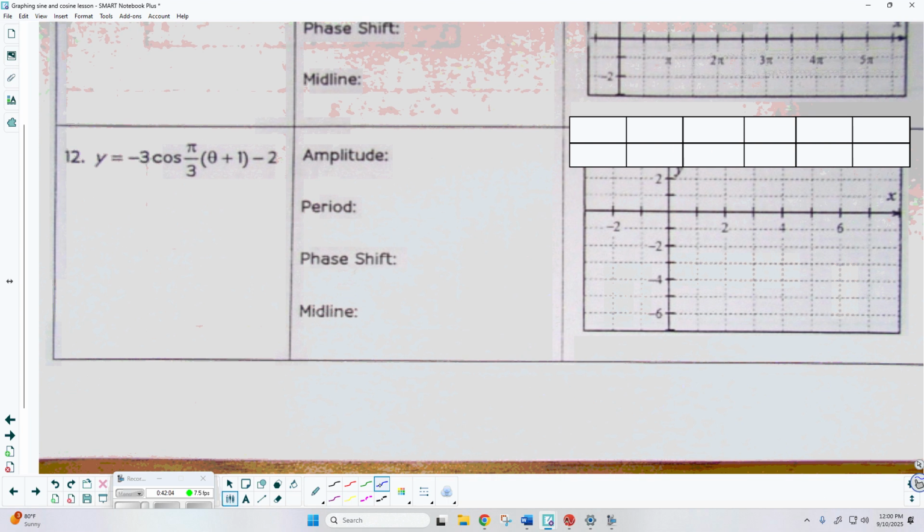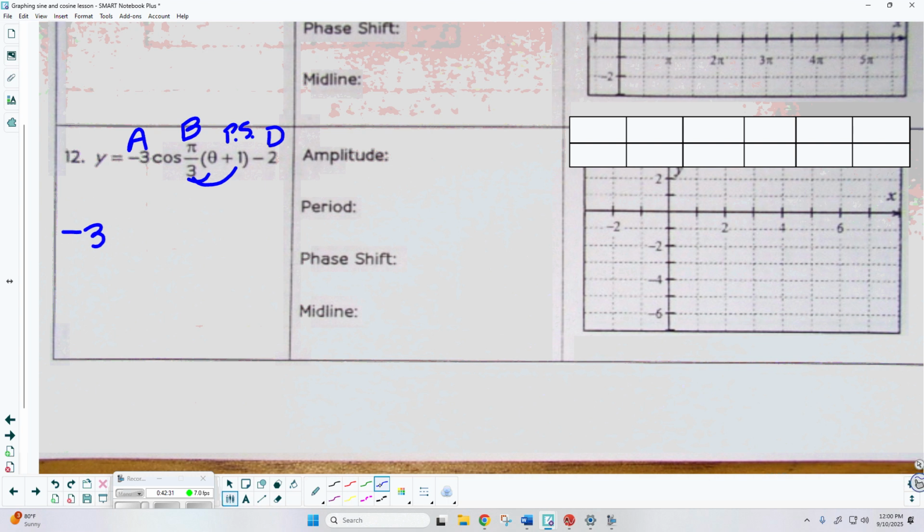Okay, so negative 3 cosine of pi over 3 times theta plus 1 minus 2. Okay, so I've got an A, I got a B, I've got a D. That 1, is that my phase shift or is that C? That's my phase shift. We can only see C if B is distributed across.